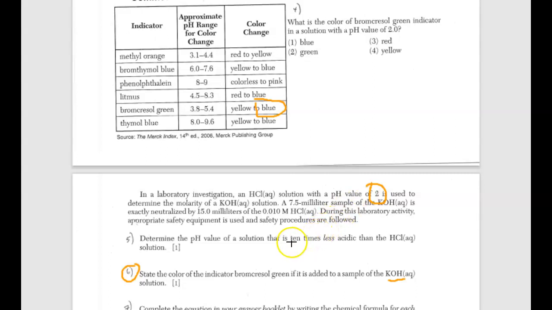In this case, we want 10 times less. What that means is we're going to go from 2 to 3. Remember, as the pH value gets higher, the hydrogen ion concentration in my acid drops by a factor of 10 each time. So the answer to number 5 was 3.